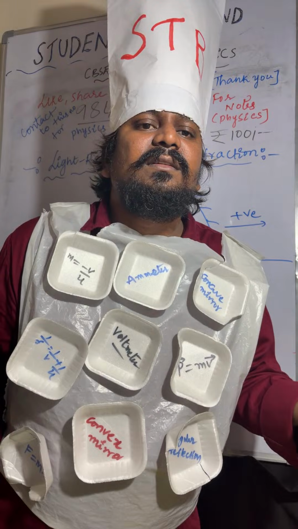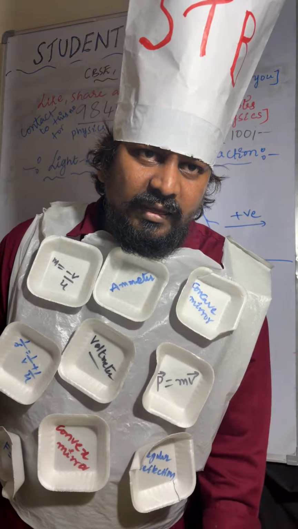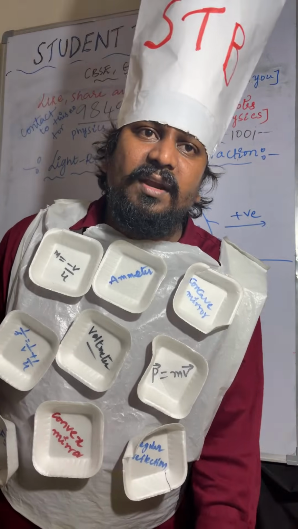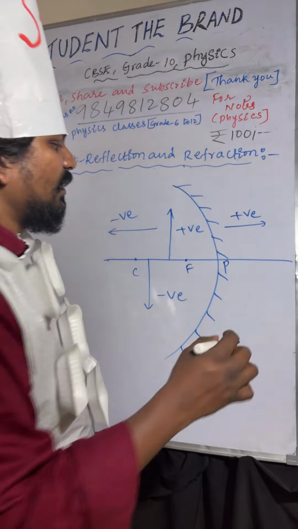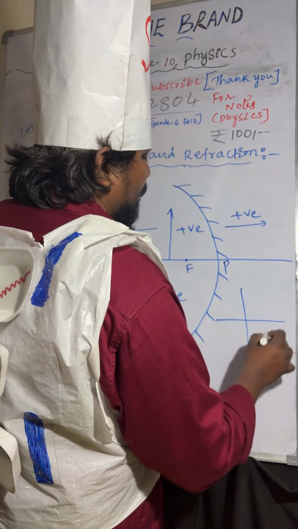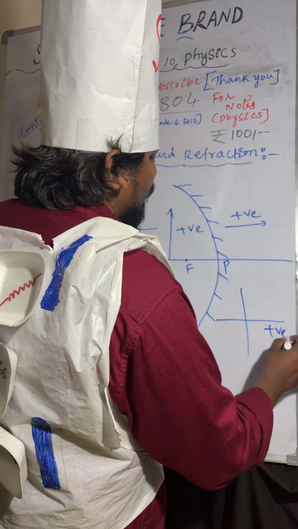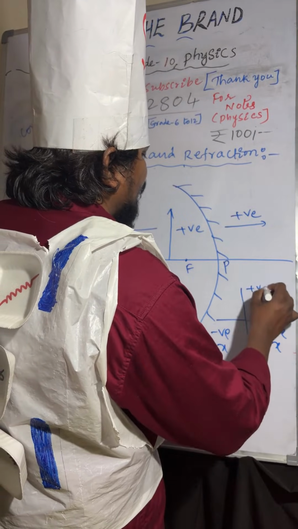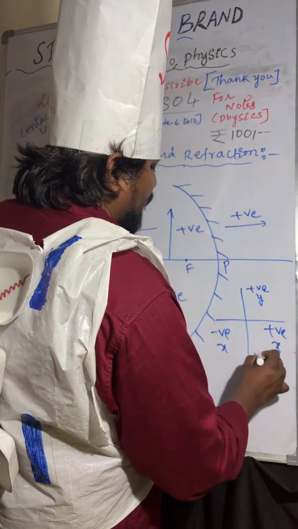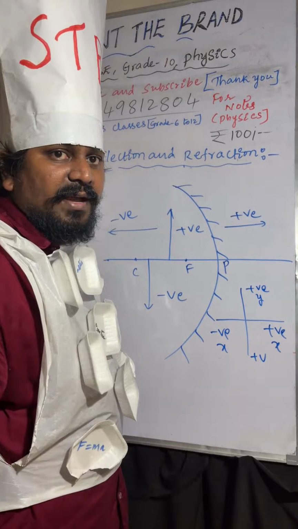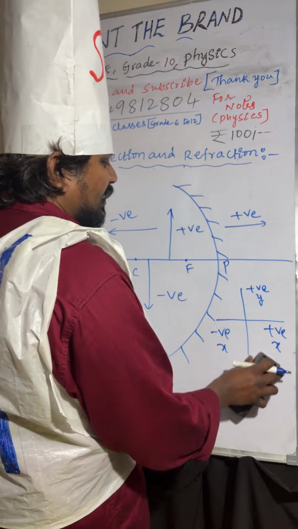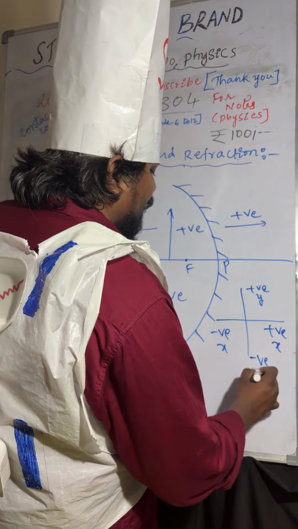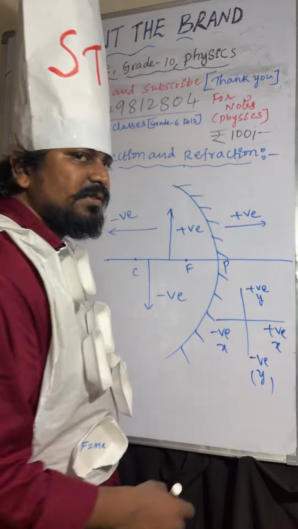So likewise, we can learn sign conventions. It's like a coordinate system. You know the positive x-axis, negative x-axis, positive y-axis, negative y-axis. Likewise, the same coordinate system applies here. Understood?